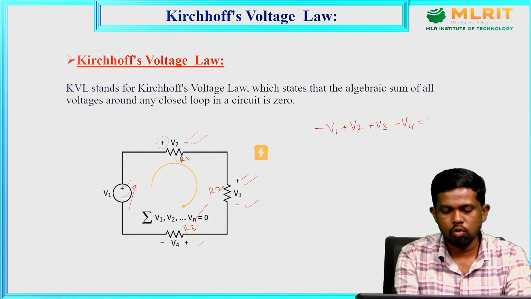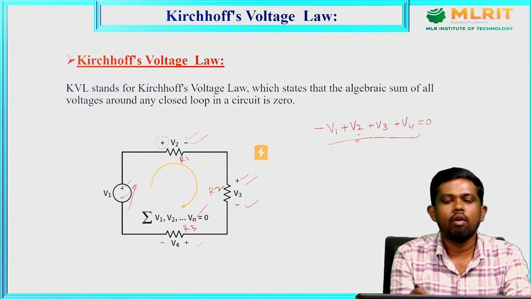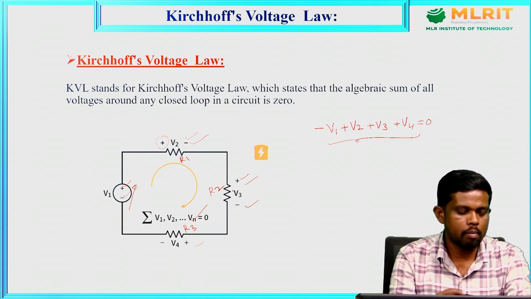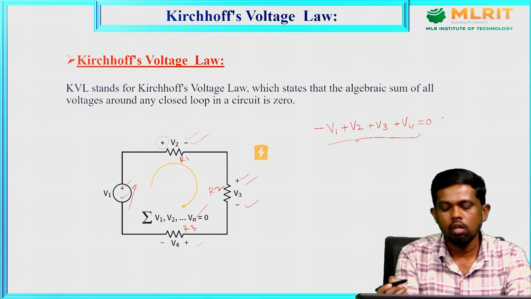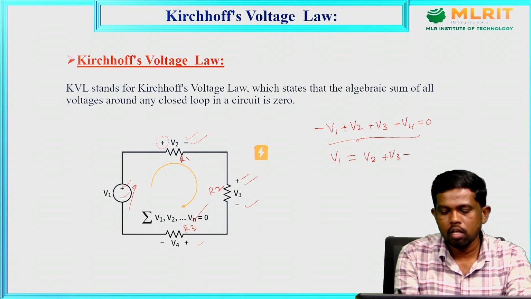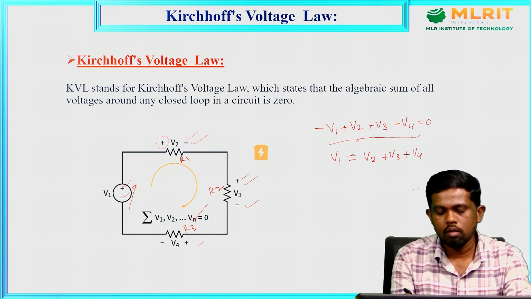We write this equation with the help of the statement: in every closed loop, the algebraic sum of the voltage drops across each and every element plus the source voltage should be equal to 0. So we get V1 equal to V2 plus V3 plus V4. This is the simplified expression.